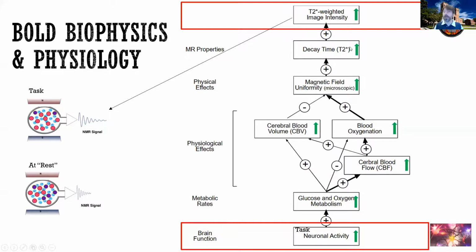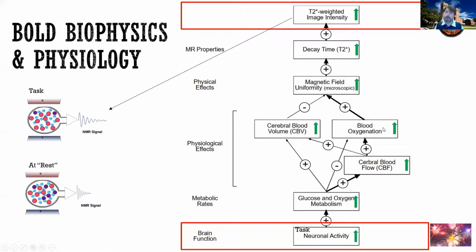Now, why would they be resonating at a more similar Larmor frequency? Well, it must be because the magnetic field is more uniform. What makes the magnetic field more uniform? Well, in our case, the one big variable is changes in blood oxygenation. There must be more oxygenated hemoglobin and less deoxygenated hemoglobin.